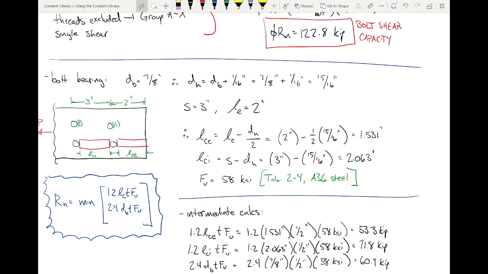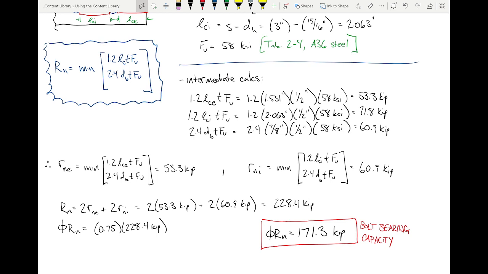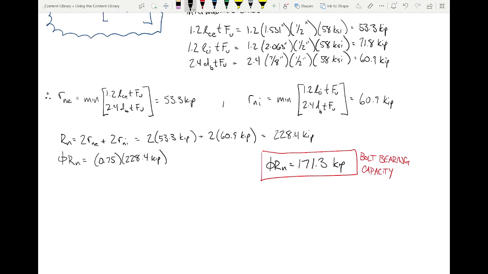So if I take this connection and I yank on it, the bolts are going to shear at 122.8 kips before we achieve the bolt bearing capacity of 171.3 kips. So assuming that these are the only 2 limit states that we need to assess, what is the capacity of this connection? It is 122.8 kips.